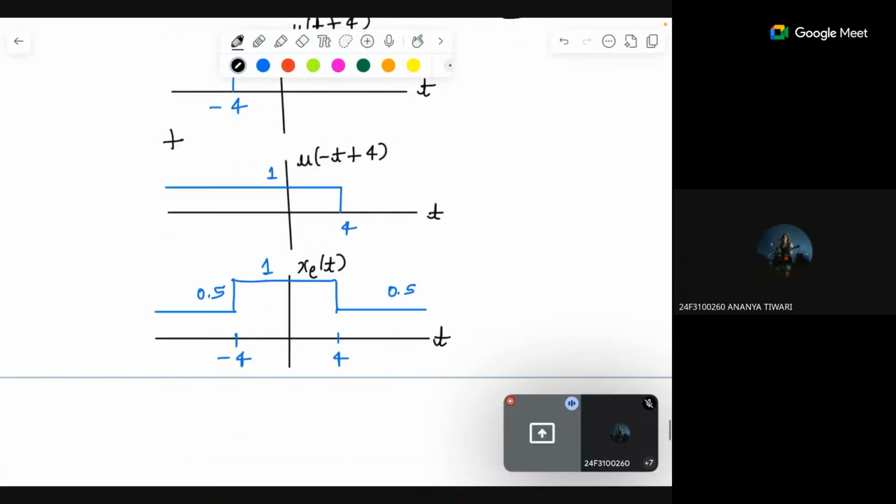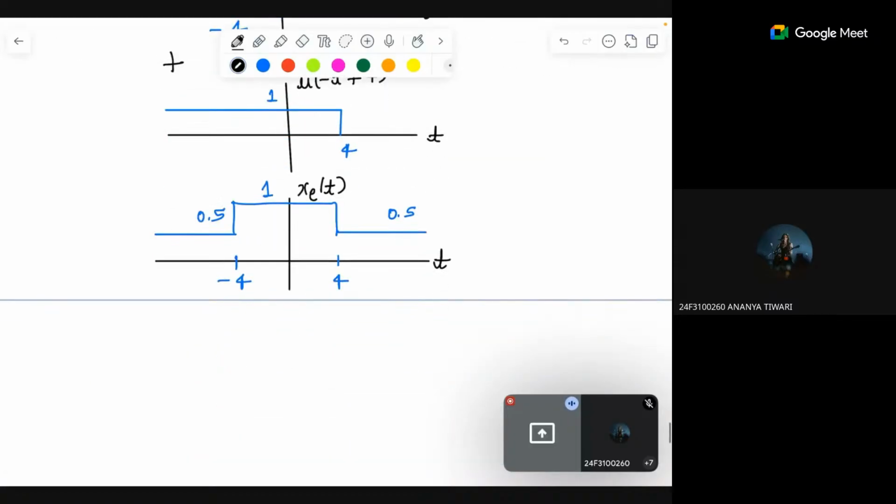Now let us write the analytical expression of this. So someone will tell me what expression it would be? U of t plus 4 minus u of minus t plus 4, divided by 2. Slightly correct, but that is for the odd part. Right now we are doing the even part.